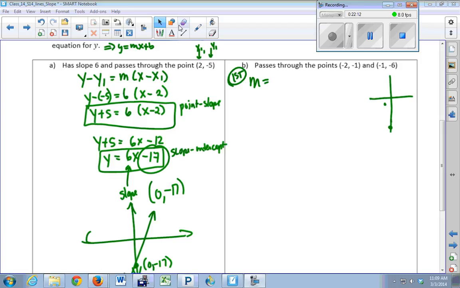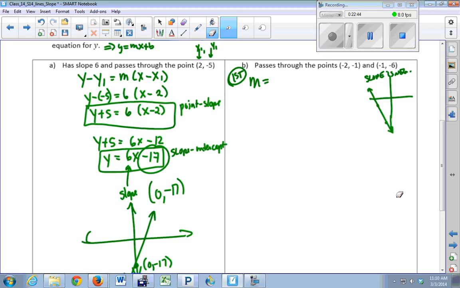So I go -2, -1, -1, -6 like that, and then I connect the 2 points just so I know before I do my math whether my slope is positive or negative. It's just like a little internal check. Or I visualize where the 2 points are if I don't draw them. So I know before I even start that my slope is negative, just in case I make an arithmetic mistake.